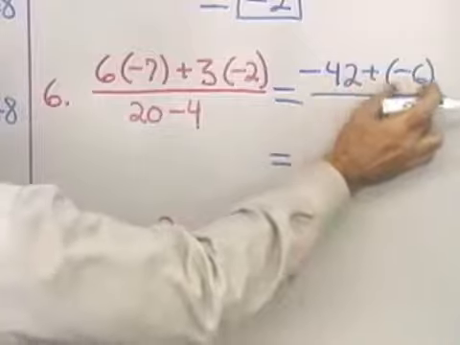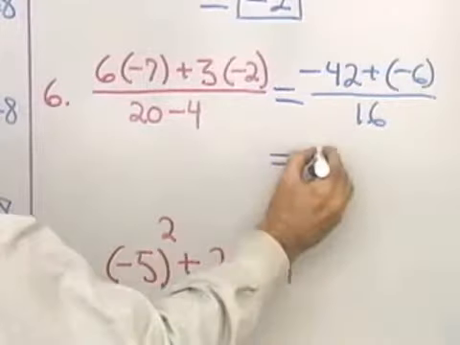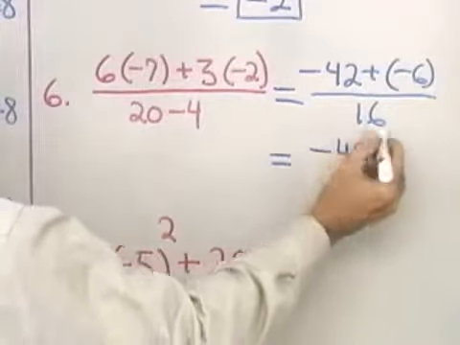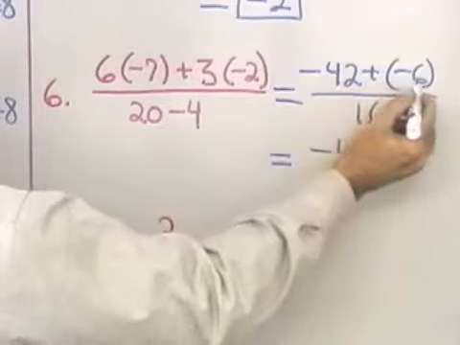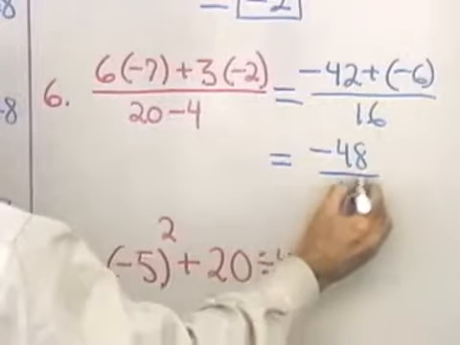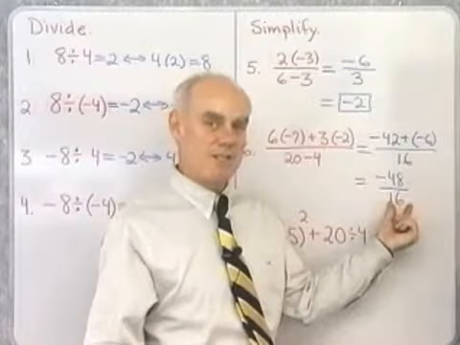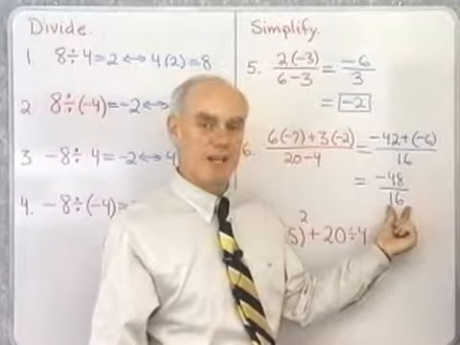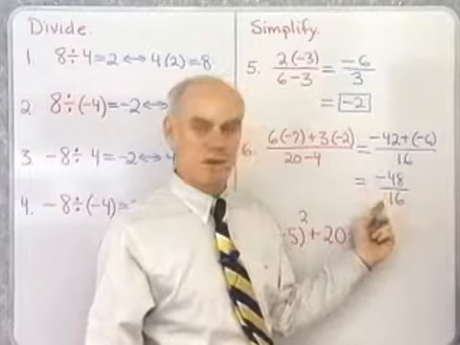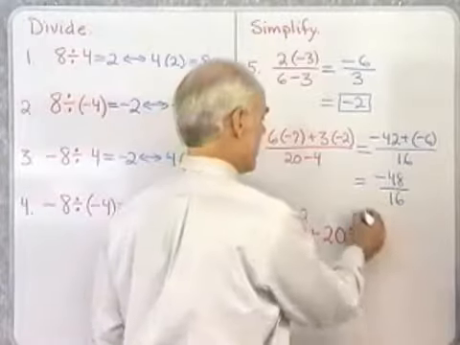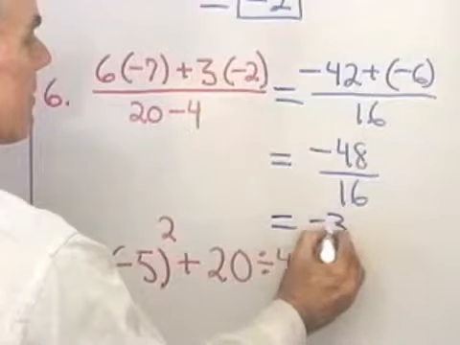Now, negative 42 plus negative 6 is going to be negative 48. Because the two numbers have the same sign here, I add absolute values and use the common sign. Divided by 16. Now, negative 48 divided by 16, I divide absolute values. That gives me 3. And the two numbers have different signs, so the answer is negative. So that comes out negative 3.